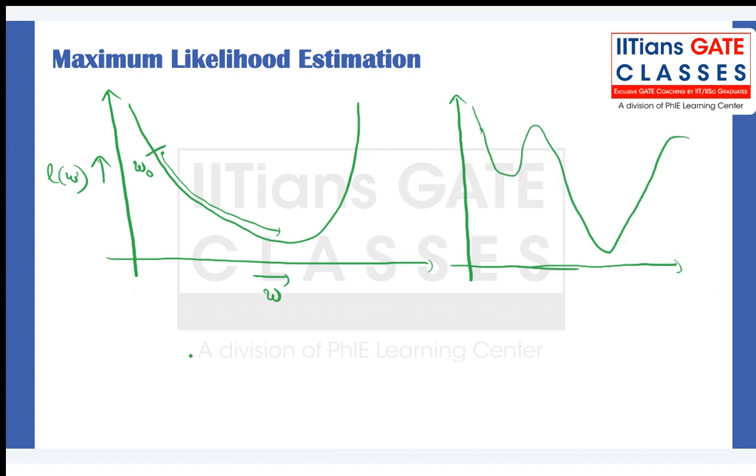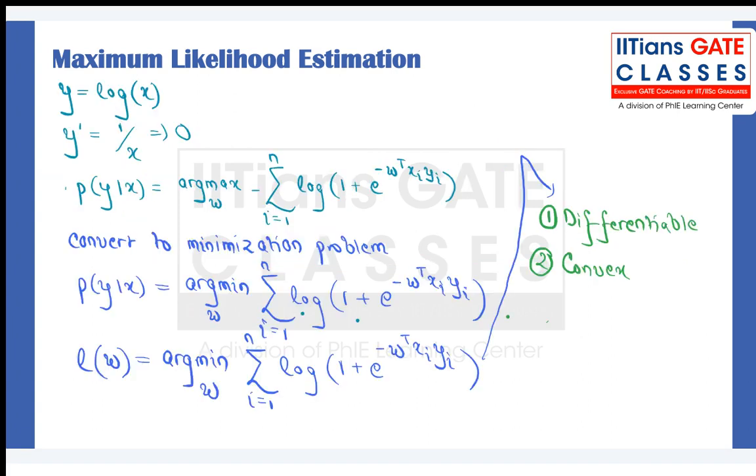In that scenario, if I start here, I might land up and say this is the minimal value for which my loss function is minimum. But as you can see, it is not this one. It is actually the W here, not the W that is given on the top. So these local minima are not possible when it comes to a convex function, where you will always get the global minima. Okay. So if you know these two properties, then we will have some way to find out how we can estimate this loss function for a given set of parameters W.